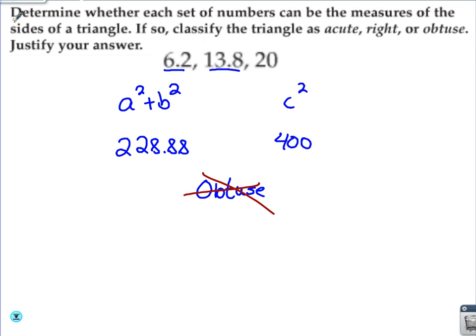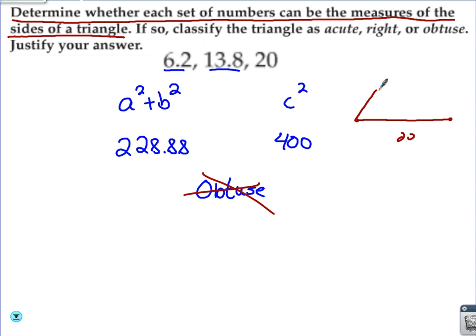Read the first line. Determine whether each set of numbers can be the measures of the sides of a triangle. This triangle is going to be extremely obtuse for this reason. If this is 20, and this is 6.2, and this is 13.8, explain to me what's going to happen when you fold that and try to make a triangle.